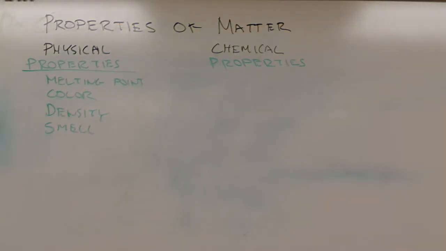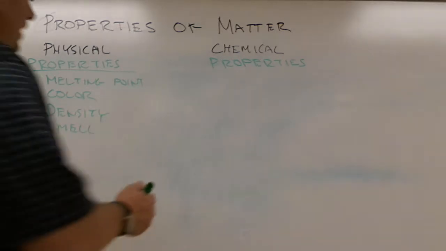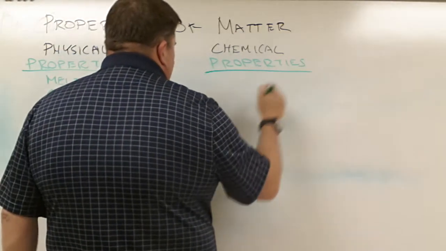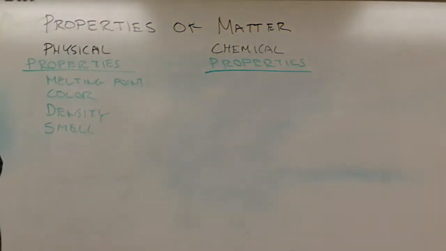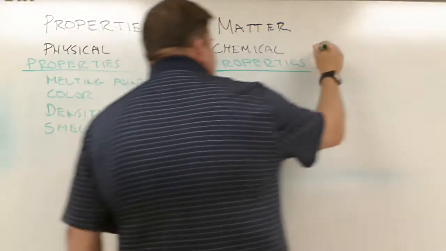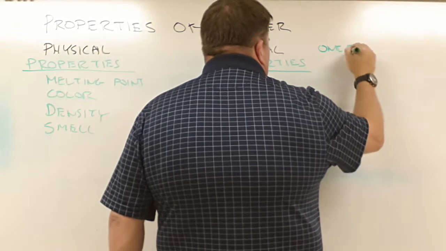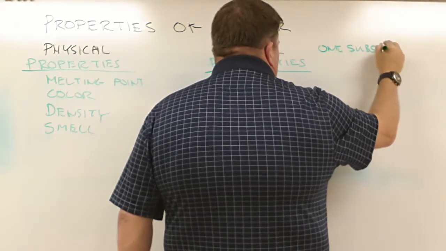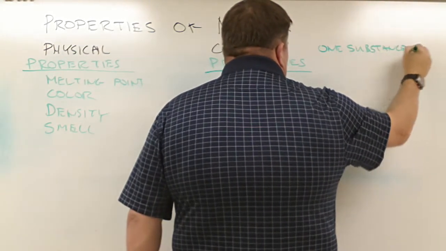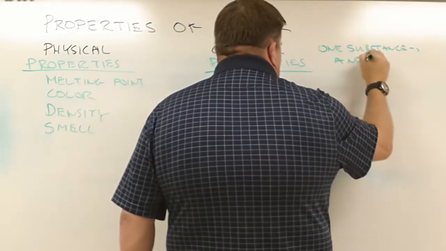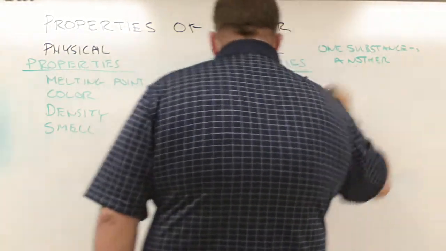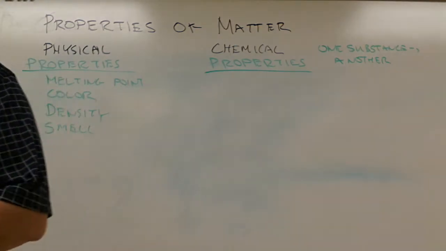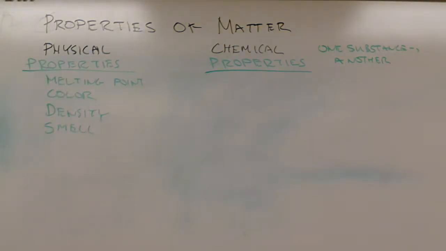Chemical properties are properties that happen during change, generally as you go from one substance to another. As far as examples of chemical changes or chemical properties, let's see if we can think of a couple.